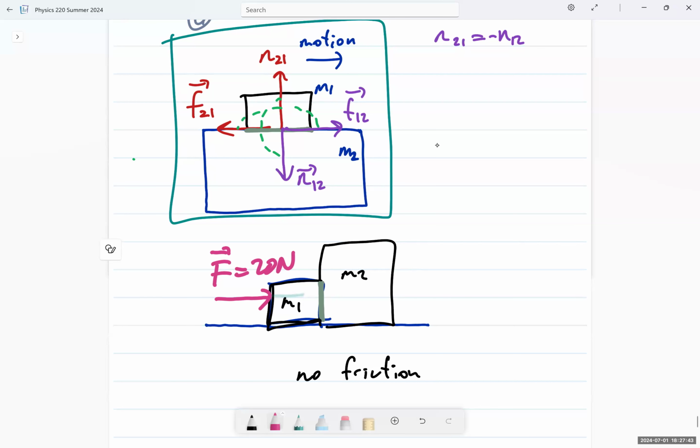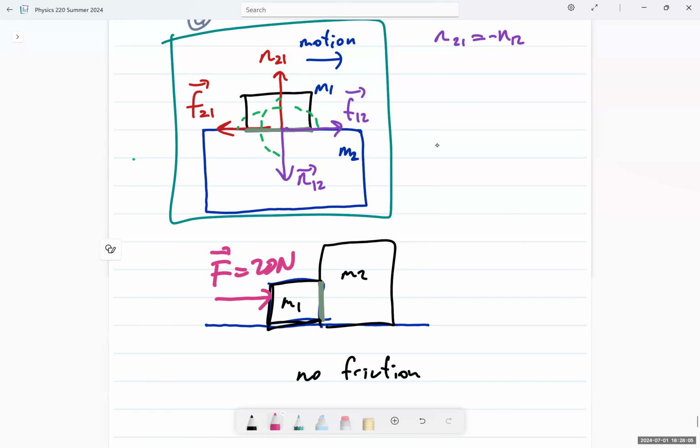Well, what happens here is this 20 newton force is acting on M1. It's not acting on M2, but because those two are connected, any force acting on M1 is going to have an effect on M2. If you push with 20 newtons on M1, both of them are going to move and accelerate, assuming there's no friction.